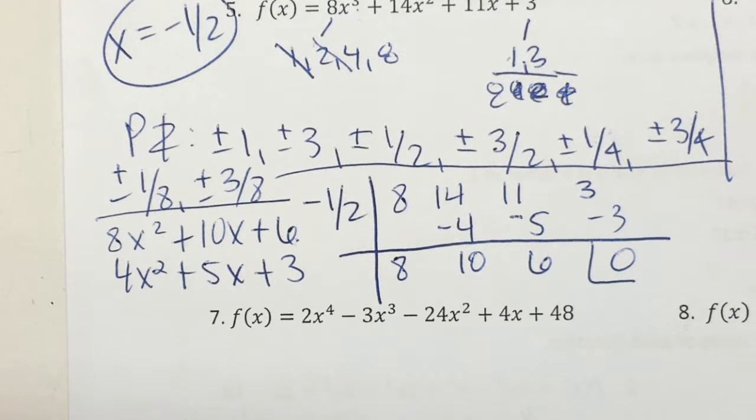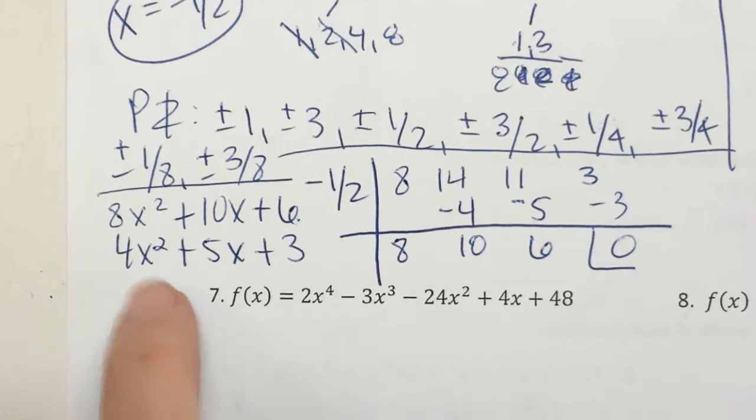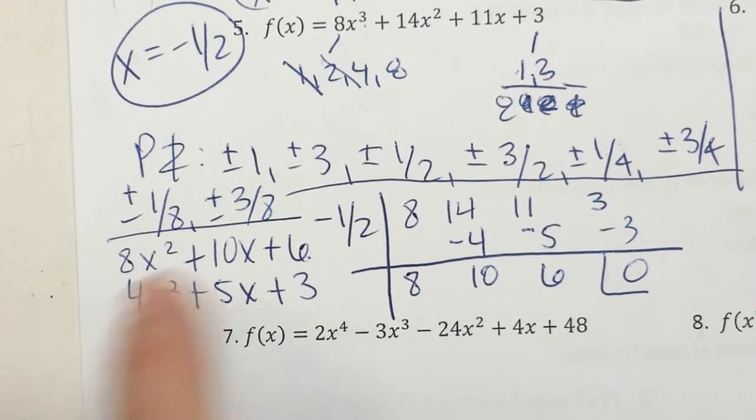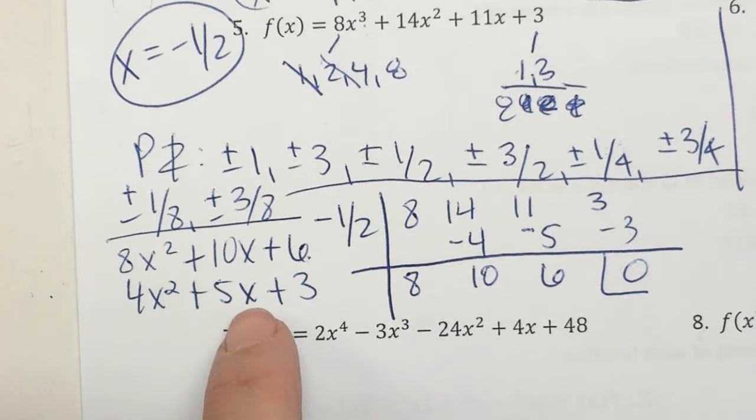Alright, now if I were going to factor this, I would have to multiply what? And that would make, are there factors of 12 that can add to be 5? No. Okay, so here's our 2 options. Because this is a quadratic, we could use quadratic formula, or we could graph this in our graphing calculator and see if it hits the x-axis.